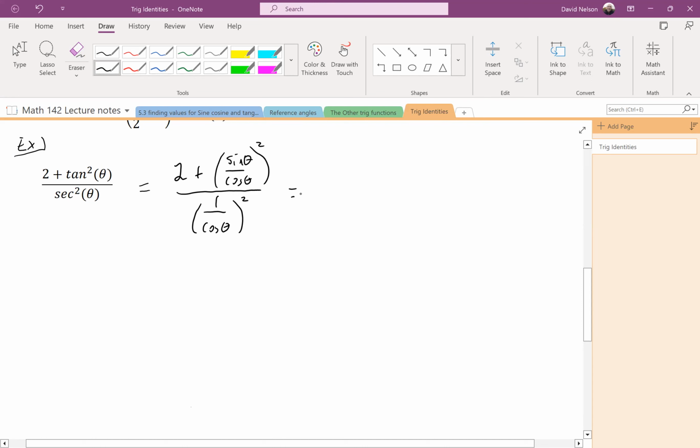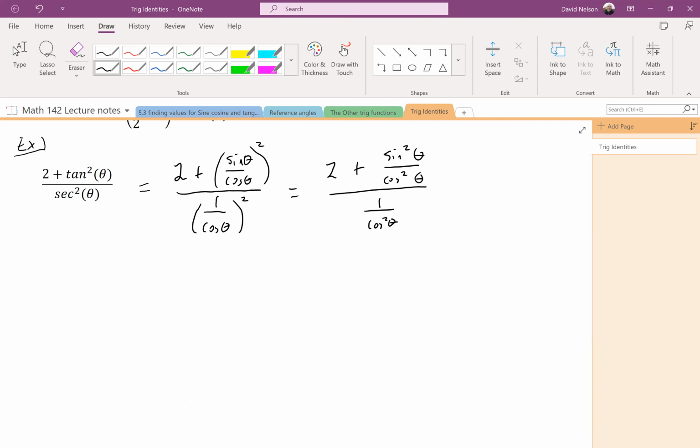So I have 2 plus sine squared theta over cosine squared theta, all over 1 over cosine squared theta. We can bring that square inside the parentheses there. If you square a fraction, you end up squaring the top and squaring the bottom.